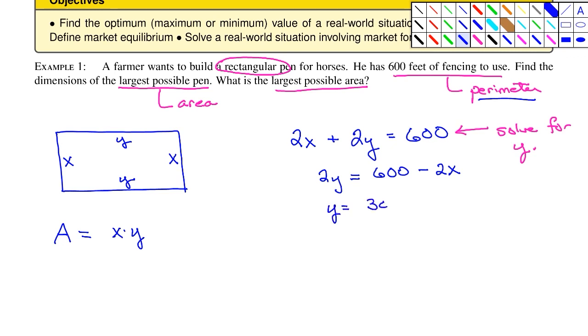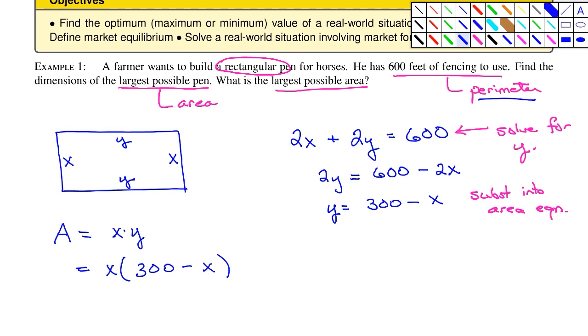So it's going to be 300 minus X. Now I'm going to substitute into the area equation. And because I solved for Y, I'm going to drop it right in here for this Y right here, so it's 300 minus X.